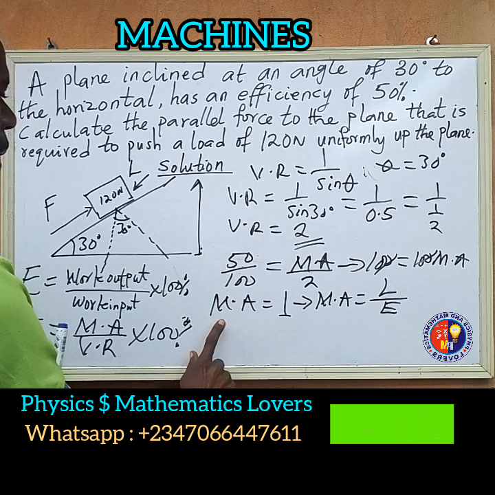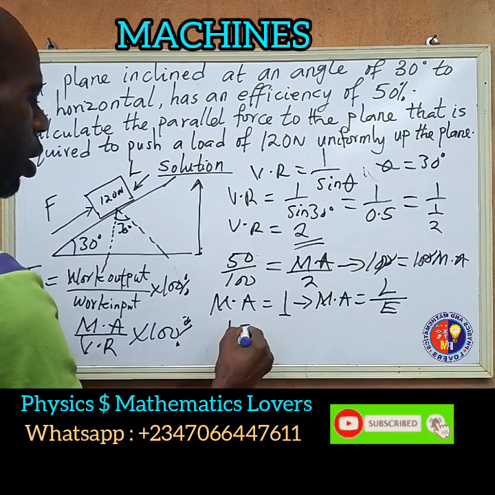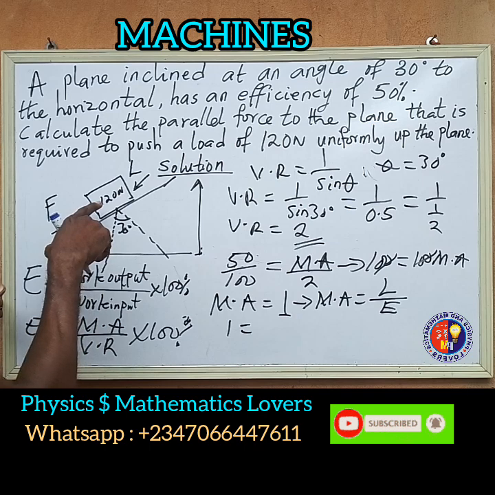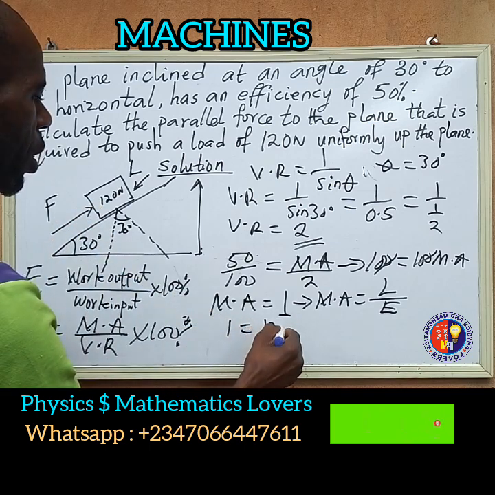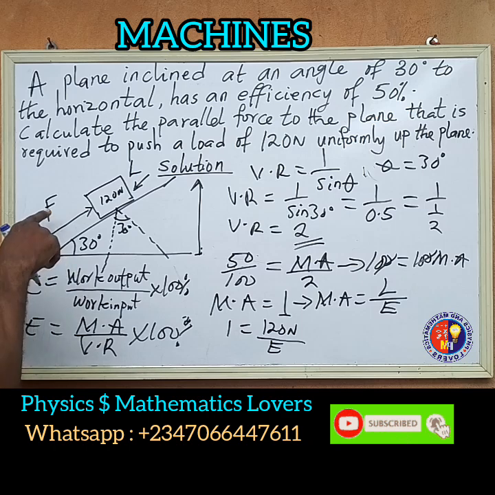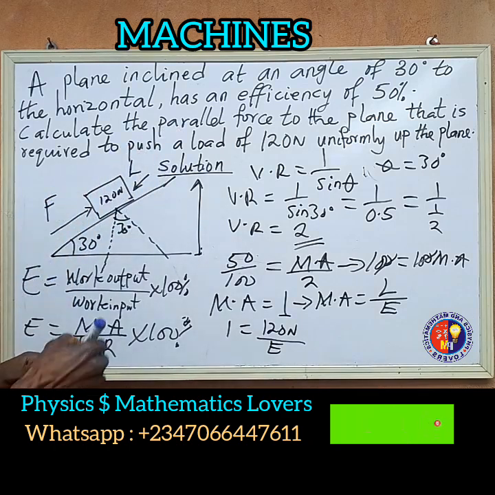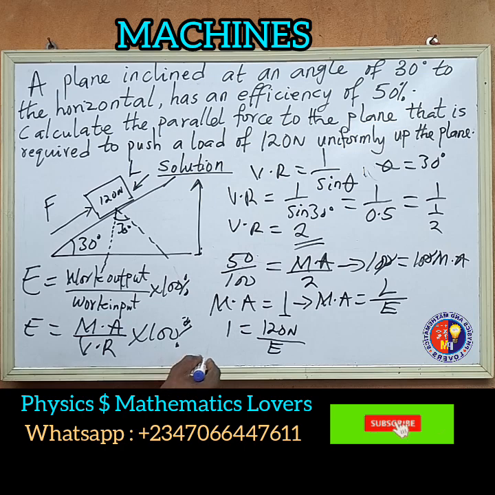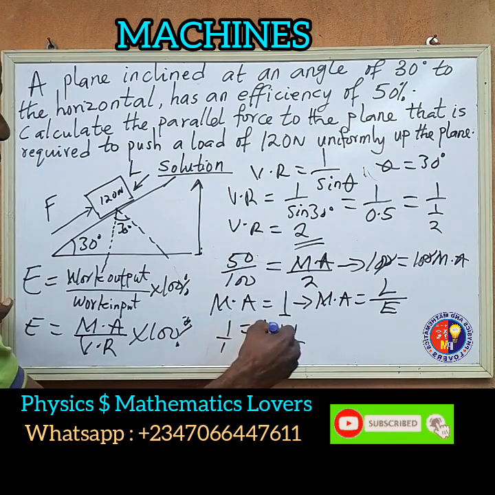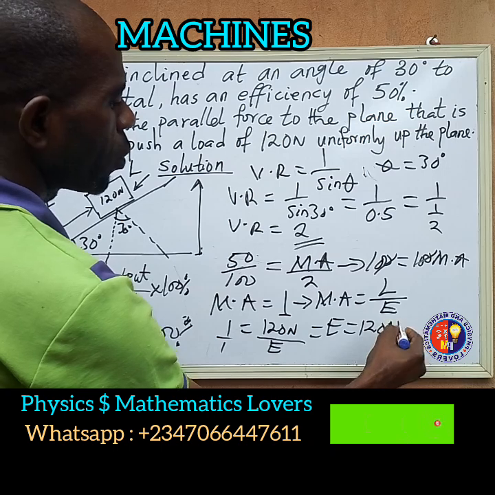Now we have calculated mechanical advantage as 1, right? So which means 1 equal to what? What is our load? Our load is equal to 120 Newton all over the effort. And the effort is the force that is parallel to the plane required to lift the load to that platform. Now, cross multiply. Effort, that means that the effort is also equal to 120 Newton.